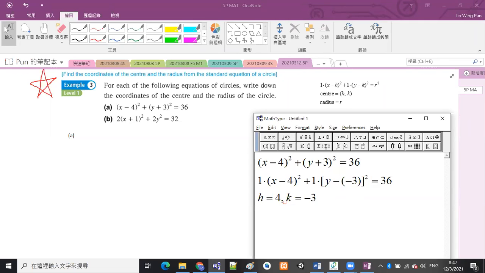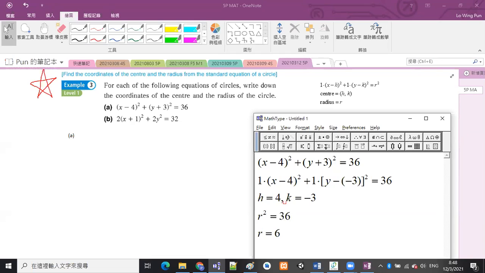Can you see this? So the h value will be 4, k value will be negative 3. And then r squared is equal to 36. R squared is equal to 36, right? Because the right-hand side of the formula is r squared. And now it is 36, so r squared is equal to 36. Okay? Which means that r is equal to 6. Okay, taking square roots.